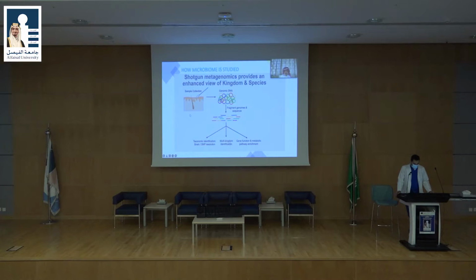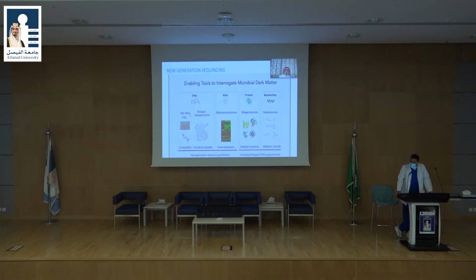The different kingdoms were identified, the taxonomic identification of the strains and so on. And furthermore, they were able to look into the gene functions and metabolic pathways enrichment by these microbes.